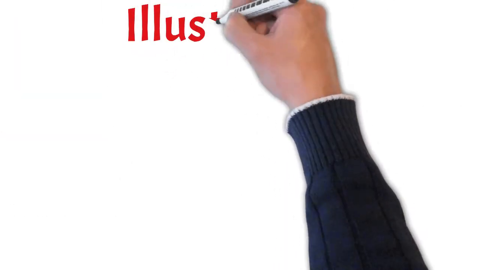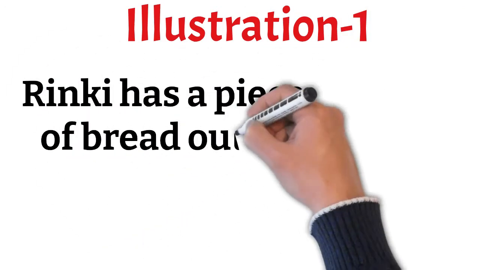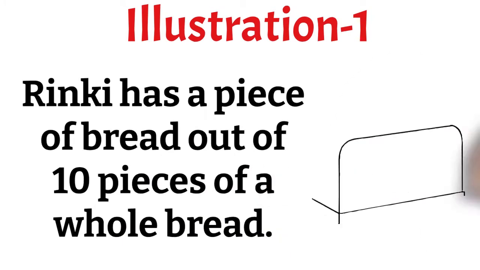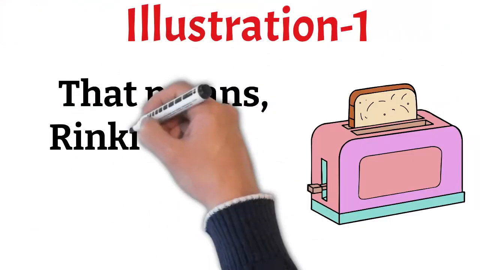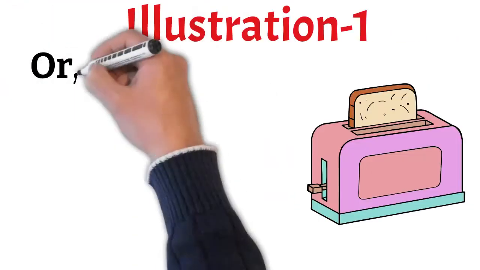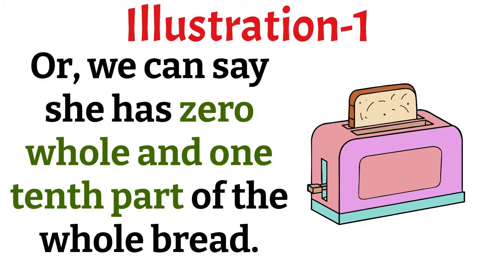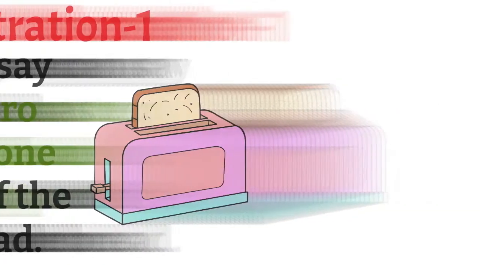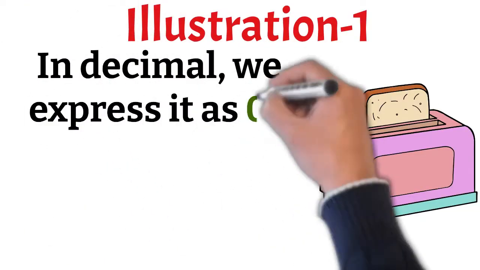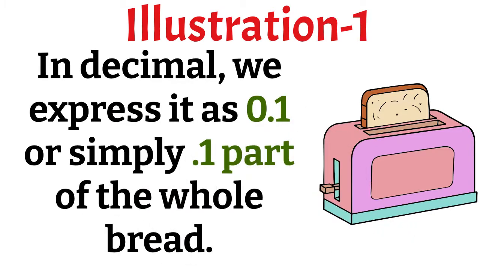Let's understand the use of decimals through illustrations. Rinki has a piece of bread out of 10 pieces of a whole bread. That means Rinki has 1/10 of the whole bread. Or we can say she has 0 whole and 1/10 part of the whole bread. In decimal, we express it as 0.1 part of the whole bread.